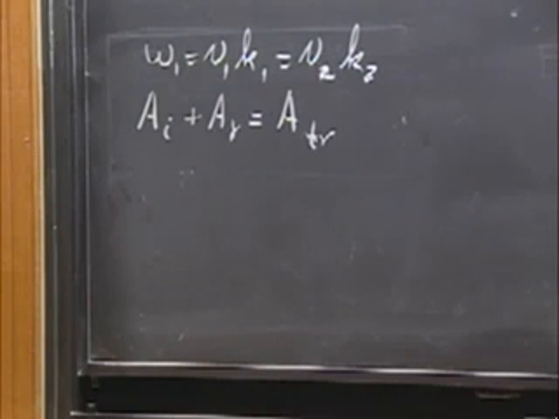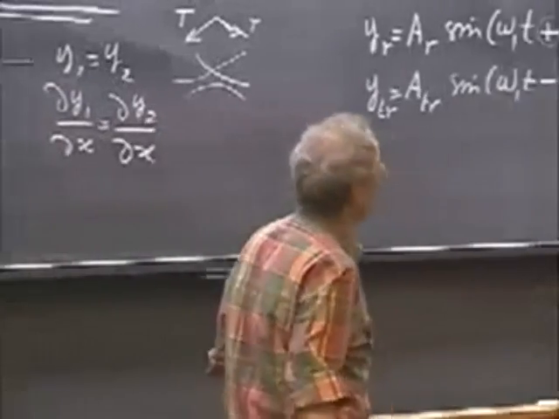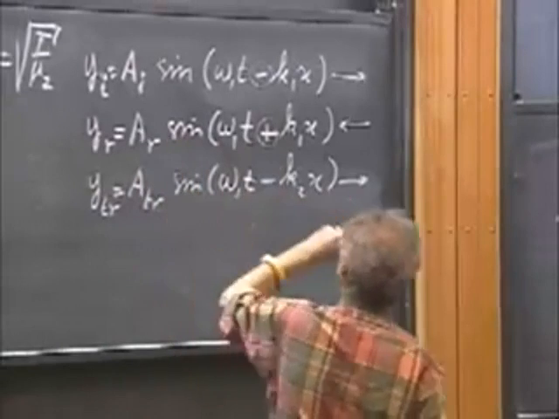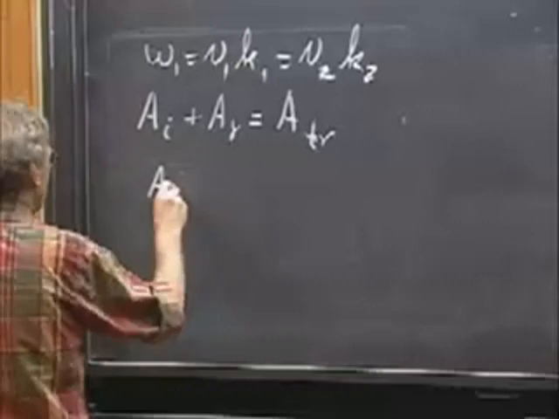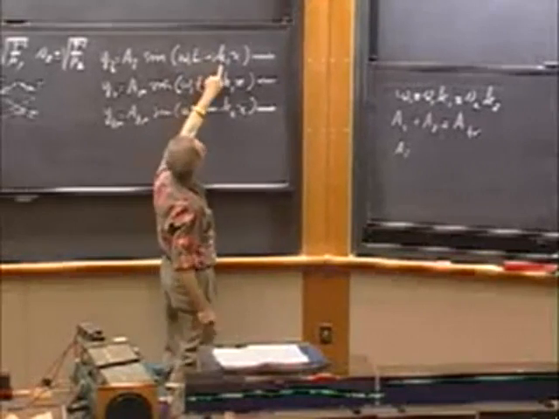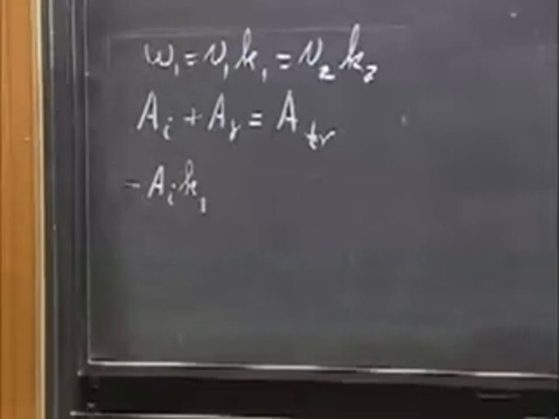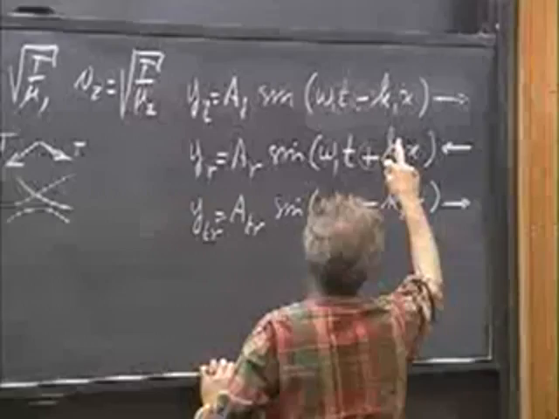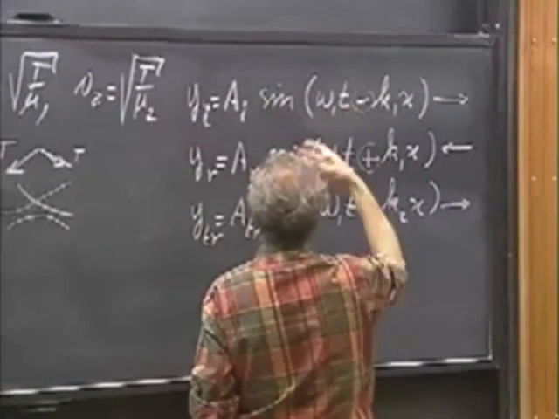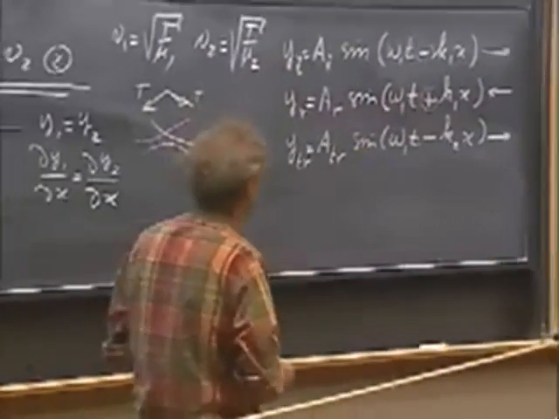I can now take the derivative of my function, dy1/dx. And so when I do that, I get the first one is going to be an A of I, and then derivative against x gives me a minus k1 here. And then I get a cosine of omega 1t, because x was 0, remember. Each term will have a cosine omega 1t, so I will dump all the cosine omega 1t's.